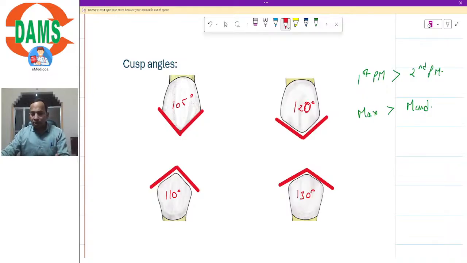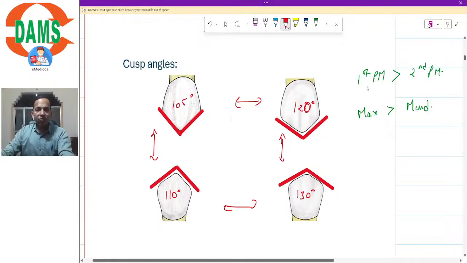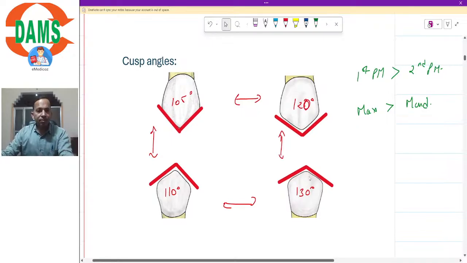So as you can notice, as far as the first premolars are concerned, the maxillary is sharper. Again, in the second premolar, the maxillaries are sharper. And amongst the first and second premolars, it is always the first premolar that is sharper, right? So the first premolar is sharper than the second premolar, and maxillary premolars are sharper as compared to the mandibular premolars. So this was about the cusp angle, right?